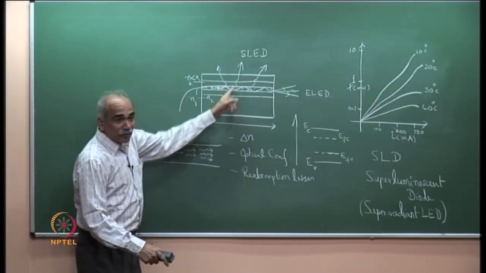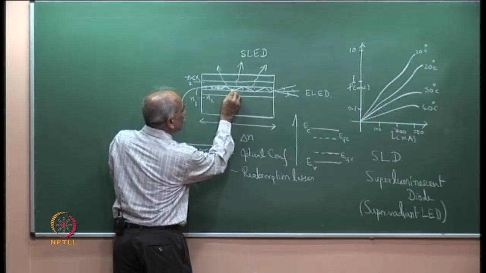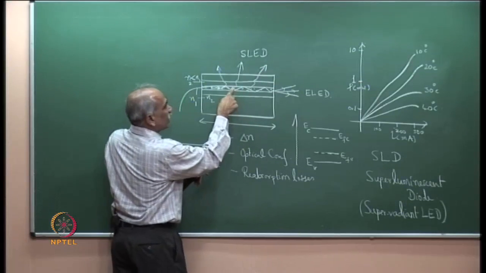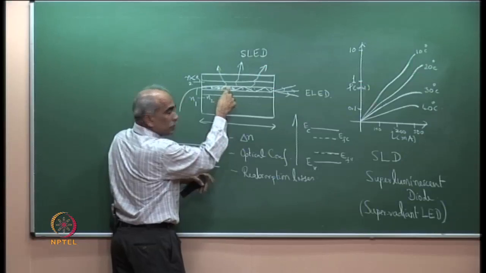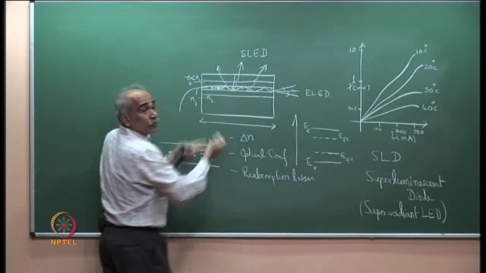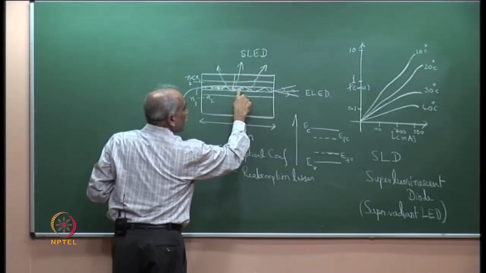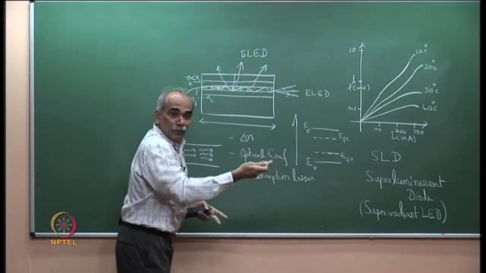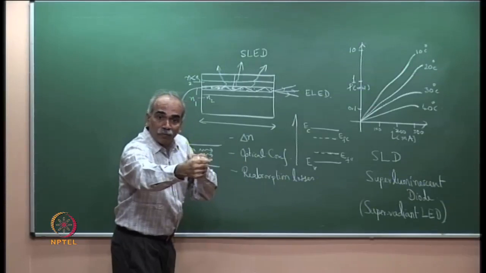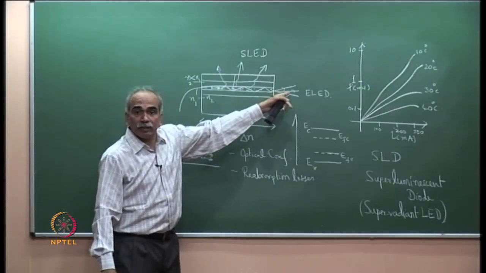Please see, in the case of a surface emitting LED, even though a photon which is traveling like this induces stimulated emission, within no time it is out of the active region. Whereas a photon which is traveling in this direction has plenty of active medium available to create more stimulated emission.